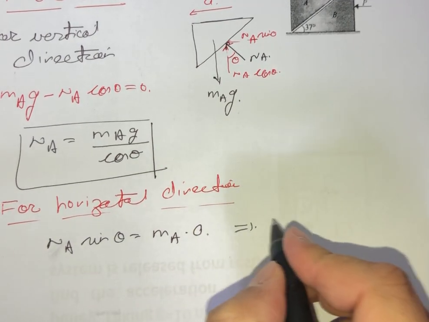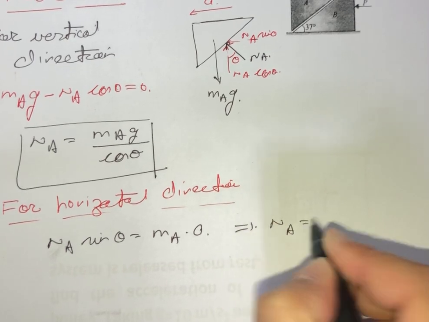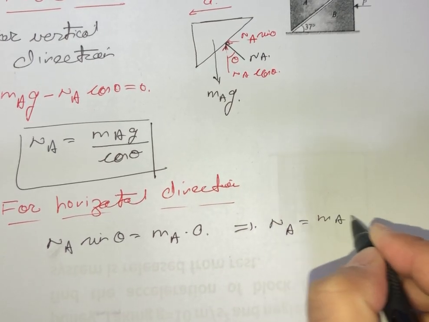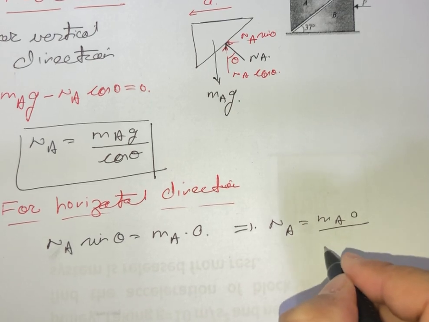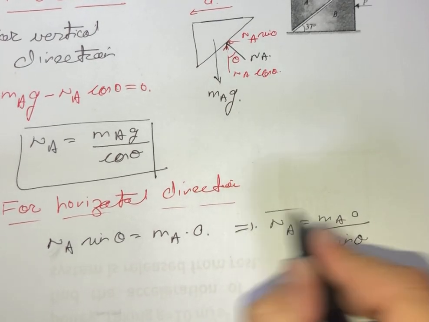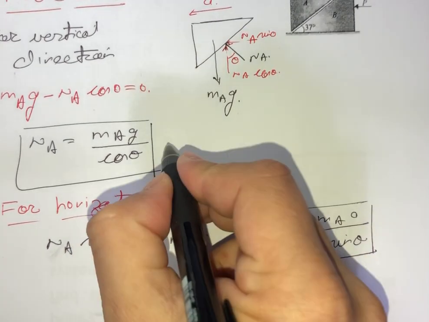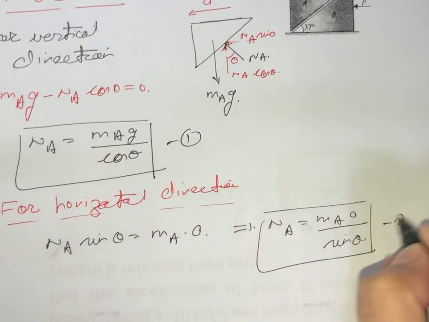From here we can also write the equation for normal, which is equal to MAA divided by sine of theta. Equation 1 and equation 2.